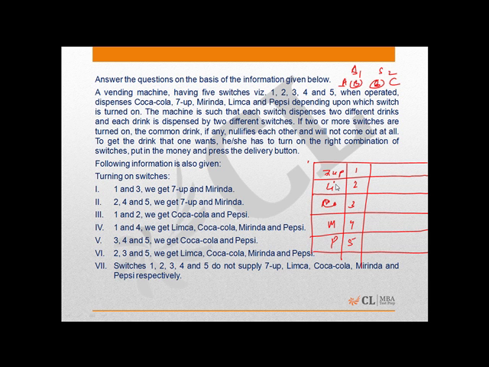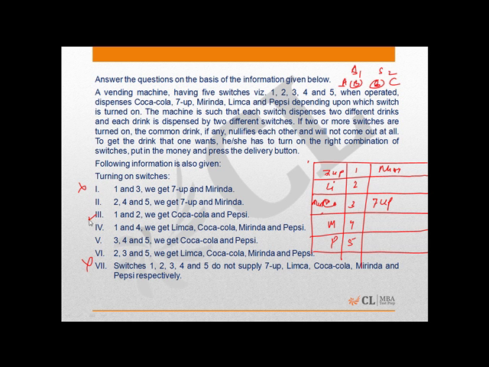But it is known that 7 Up is not dispensed by switch 1, which means Mirinda is dispensed by switch 1, and 7 Up by switch 3, as Mirinda is not a common drink between 1 and 3, which means 3 does not dispense Mirinda as well.